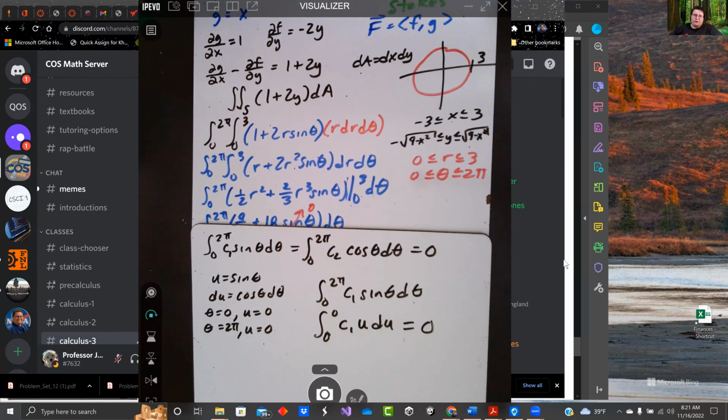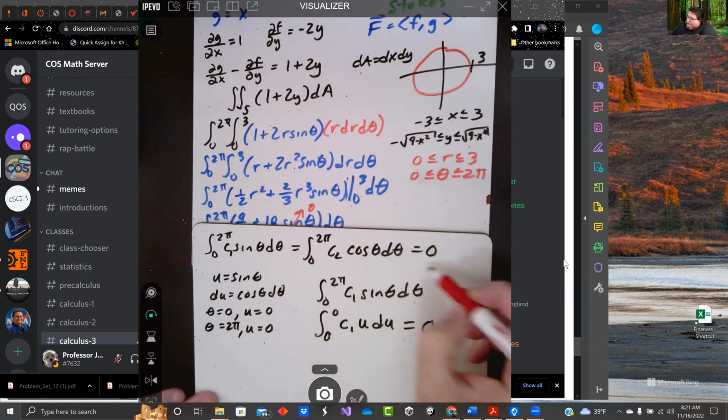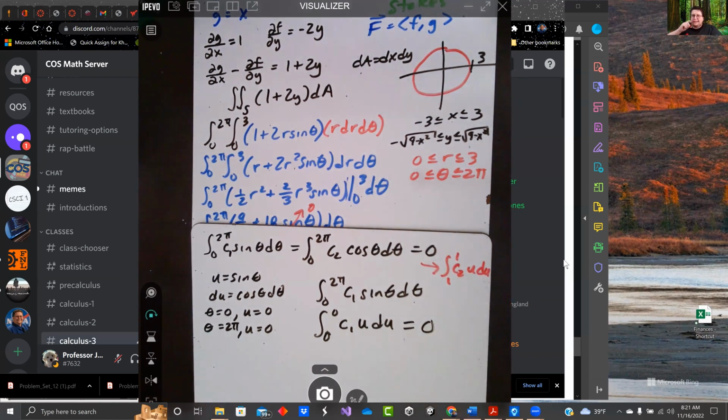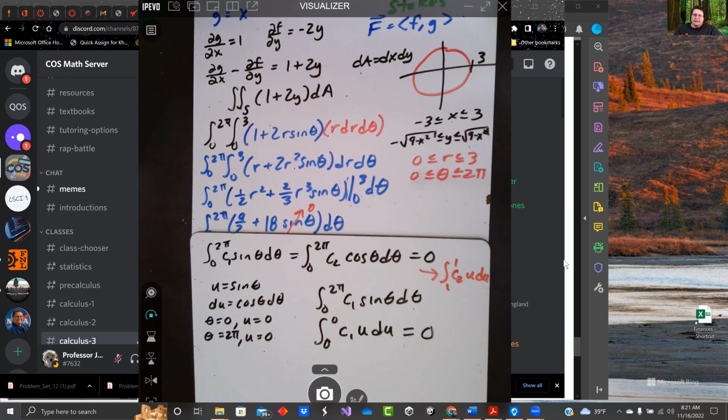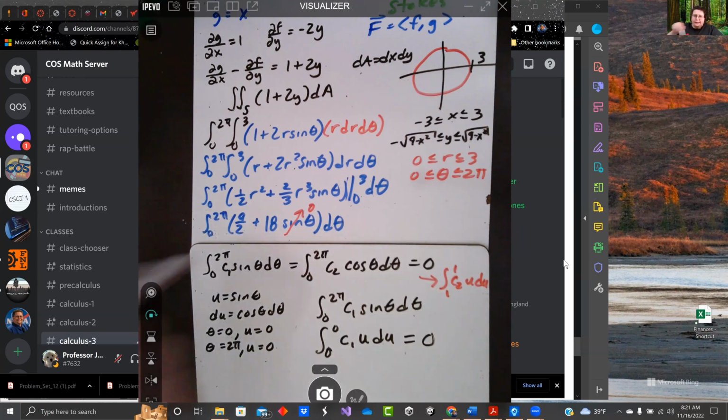If you did it with the cosine, it's going to be 1 minus 1. Either way, the cosine integral turns into the integral from 1 to 1 of c2 u du. In both cases, the limits of integration are the same, which means there's no area. So that's a shortcut, but it's only on sine and cosine, and only when it's a full 2 pi loop.